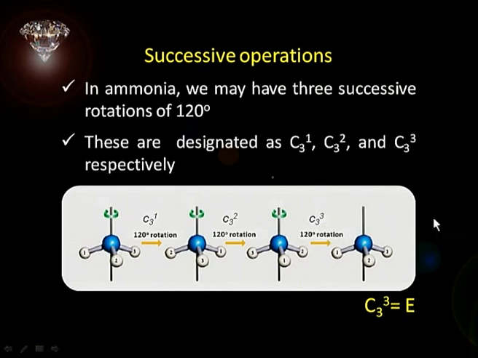If I do it once more, I will come to this state again, so there will again be C3^1. If I do successive operations, I come to a state which is identical, not similar, to the one I started with. Then I say this is equivalent to my identity operation. So, C3^3 will be E. That is very important here: successive operations may lead to the identity operation eventually.